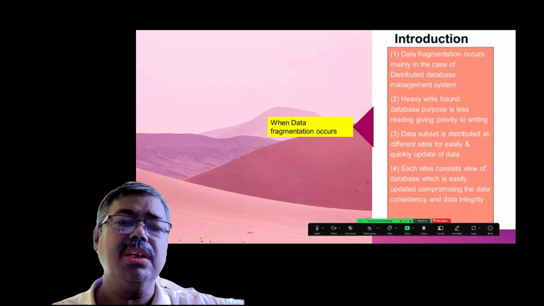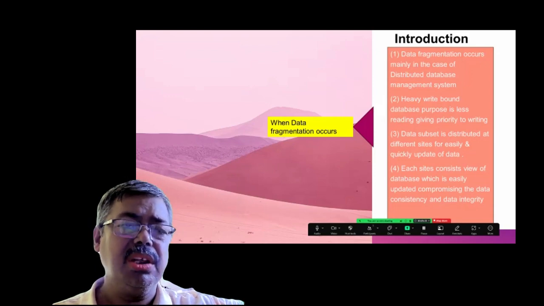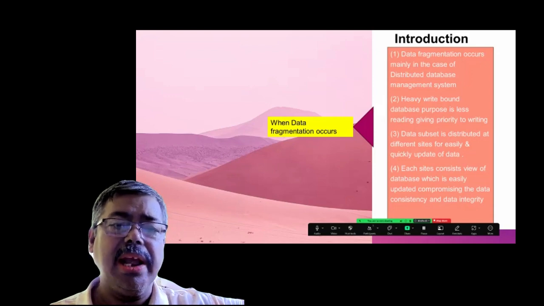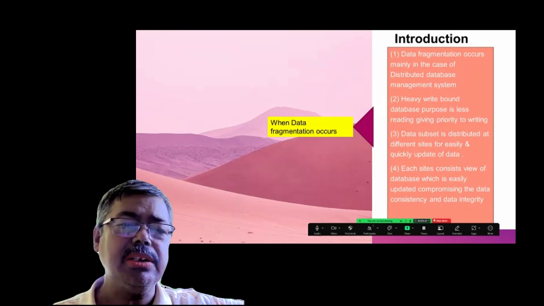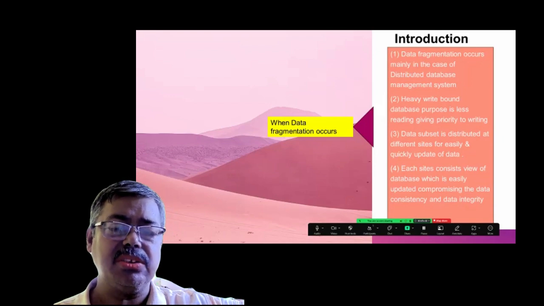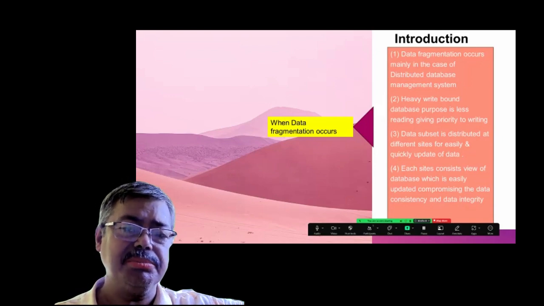In a heavy write-down database, users update subset-wise, and this is the facility of fragmentation. Data subsets are distributed at specific sites for updating.